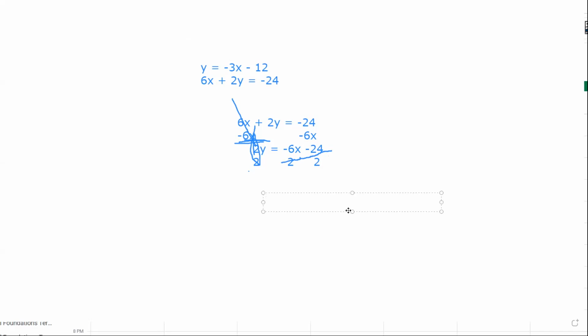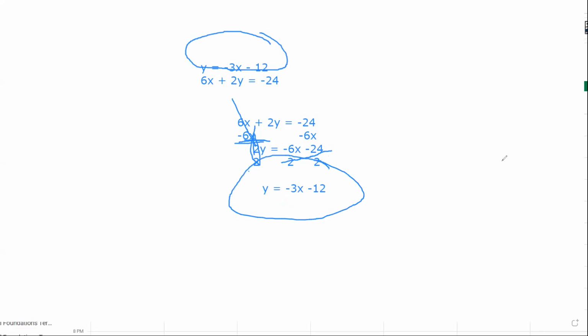And what do I end up with? Y equals negative 3x minus 12. Isn't that what I started with? Now, if you just look at those 2 equations to begin with, you don't know that they're the same line. You have no idea.